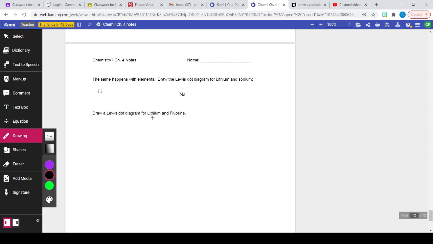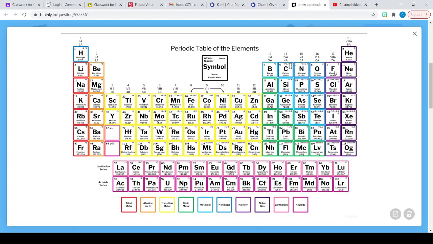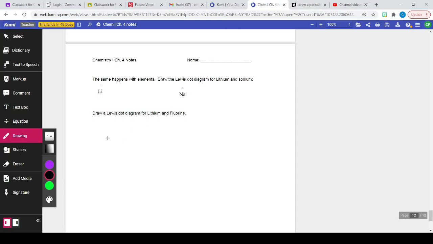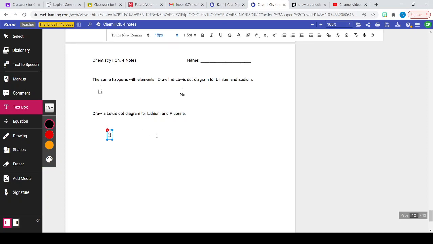Alright, so I'm going to draw a Lewis dot diagram for lithium and fluorine. So I know lithium has one, but look at fluorine. It has 7 valence electrons. So let's draw lithium. There's lithium. I'm going to do fluorine right there.